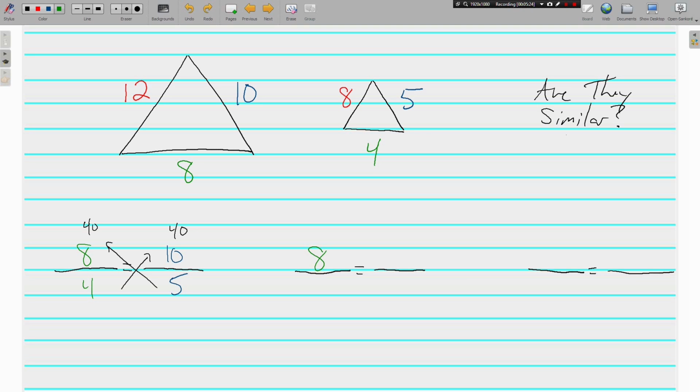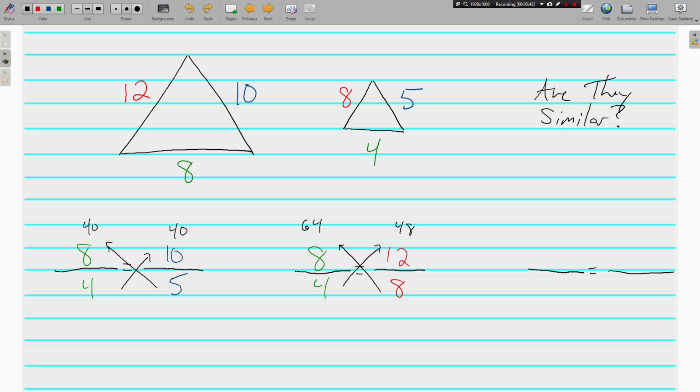Now I'll do the green with the red. 8 and 4, 12 and 8. Okay. 4 times 12 is 48, but 8 times 8 is 64.